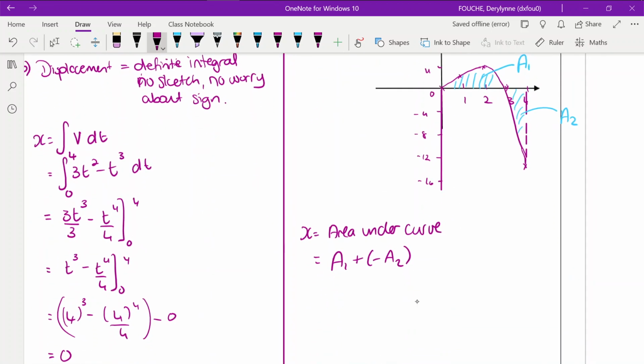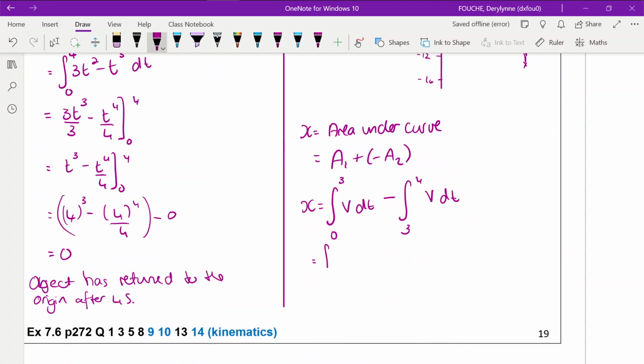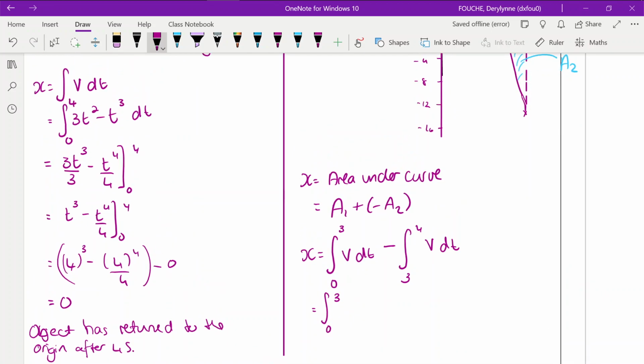So x is going to be the integral from 0 to 3 of my velocity minus my integral from 3 to 4 of my velocity. So the integral from 0 to 3 of 3t squared minus t cubed dt, minus the integral from 3 to 4 of 3t squared minus t cubed dt.